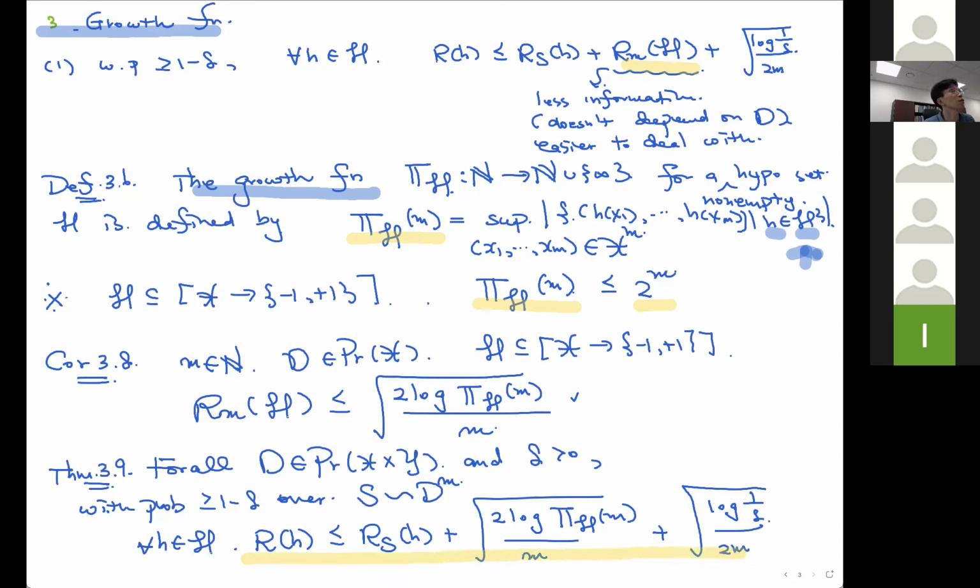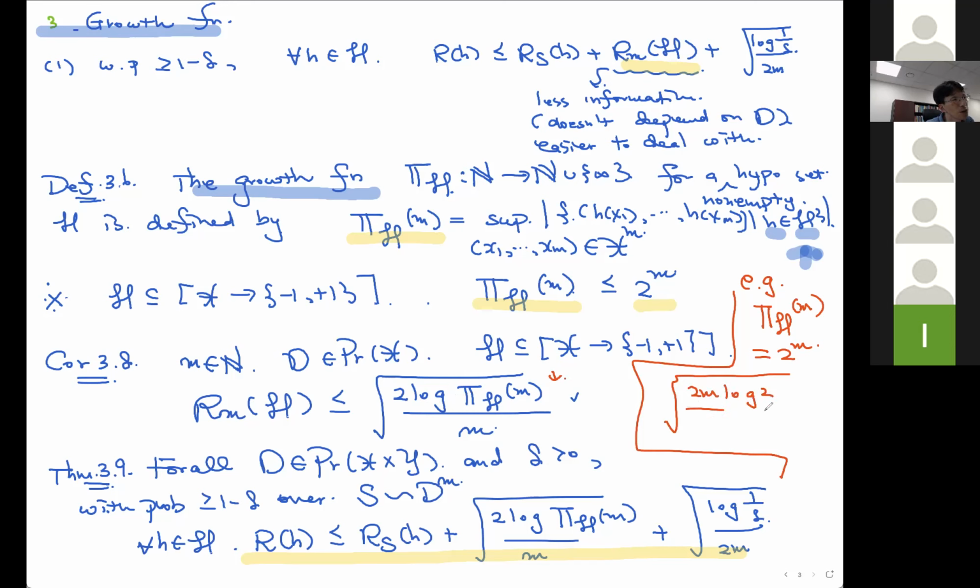So what's the worst case scenario? The worst case scenario is that the growth function grows very fast all the time, which means that it is equal to 2 to the m. Then the quantity here is, there are some constants, but we can write it exactly: square root of 2m log 2 divided by m.